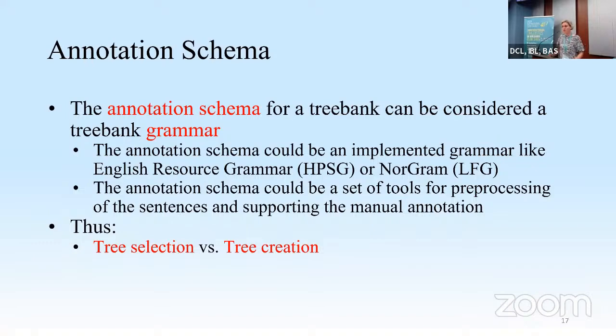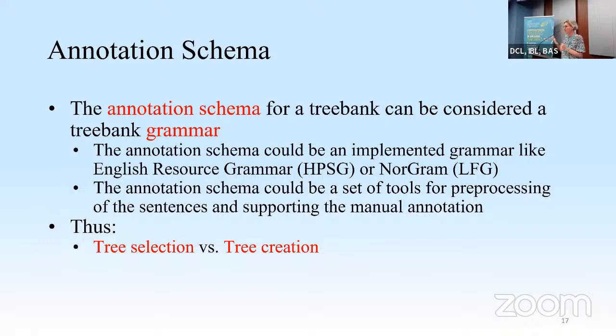So these grammars are usually developed for languages that already have advanced resources for formalizing their language, and then you can produce a computational grammar. But, for example, in our case, it was the opposite. First, the annotation schema was developed together with the development of the tree bank, and we could only use preprocessing. Christo already spoke about the preprocessing.